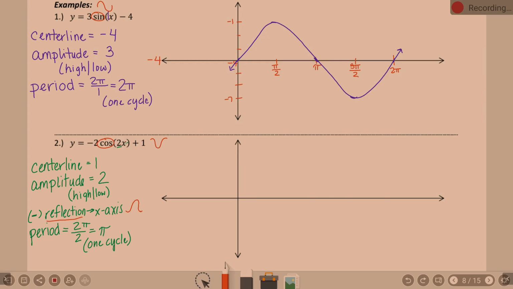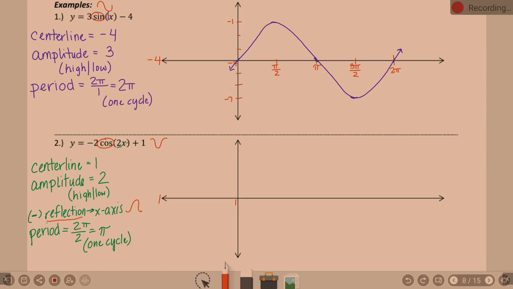Okay, center line. Label your center line as 1, because basically this graph is moving up 1. Either label the 1 out here or down or there at the center. I just need to see a 1 somewhere in there. Amplitude of 2 means what? How high and low you go.